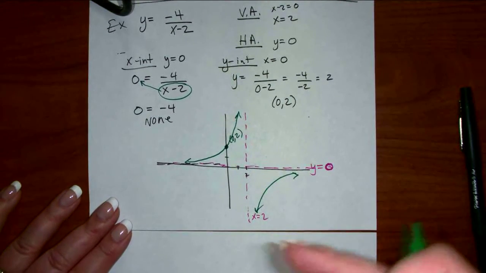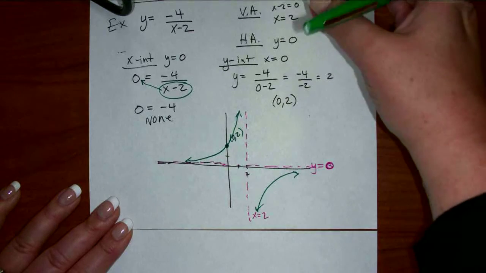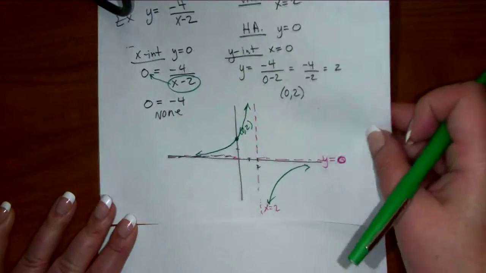Make a table of values, plot some points, because that's a legitimate way to graph. If you kind of know what the shapes might be and you plot a few points, you might get it in the right spot. The vertex is really important, though. If you plot a bunch of points and it's a parabola and you don't accidentally hit the vertex, then you don't have the important part of the graph. So it is good to know how to get those points and what the graphs look like.